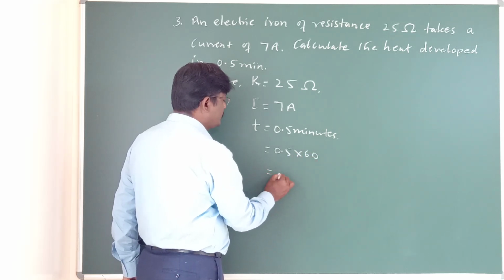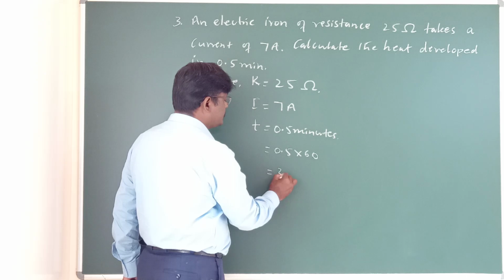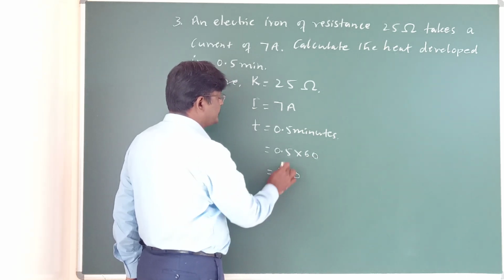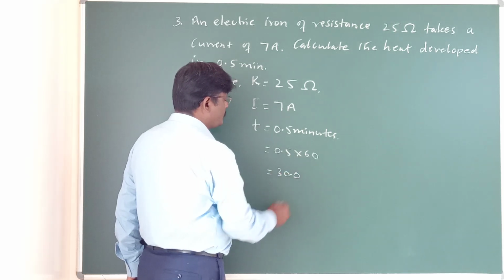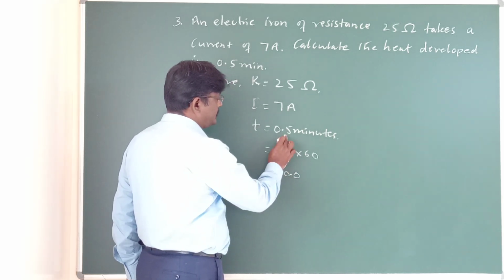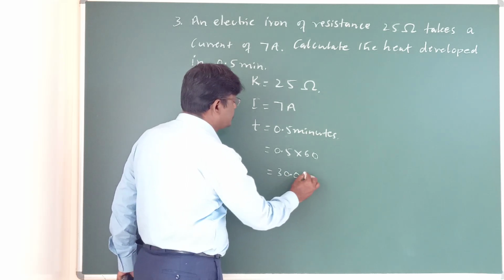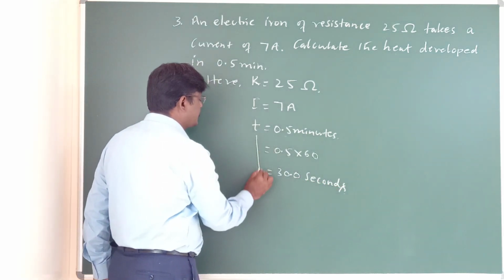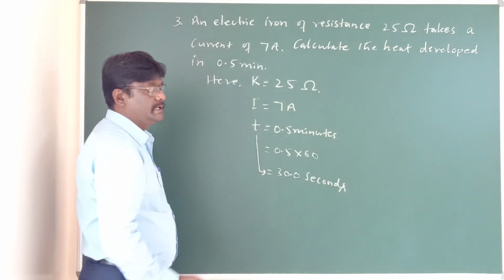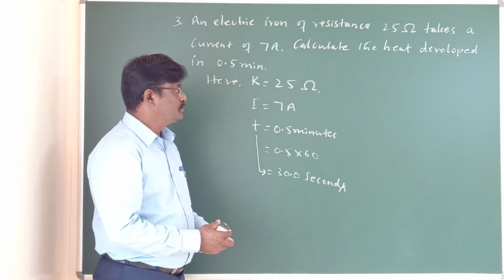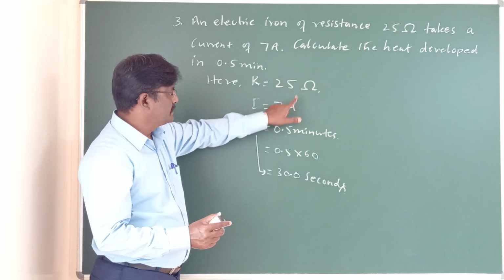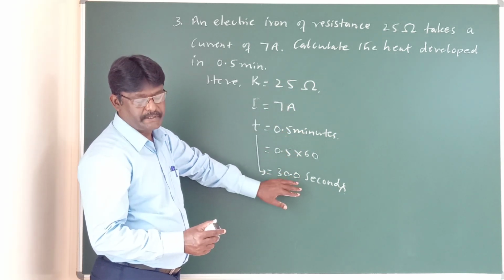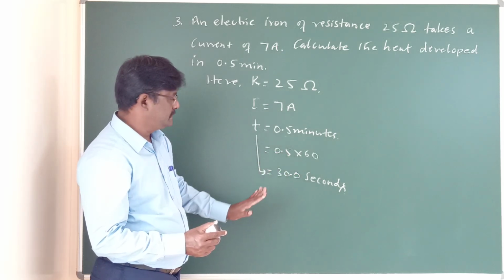Multiply that, you will get what? 6 5s are 30, then one more 0, after the decimal, 30.0. 0.5 minutes, half minute, means 30 seconds. That we know. After getting the data, first you write each, then check the unit. If it is not in SI, convert that into SI using the conversion factor.